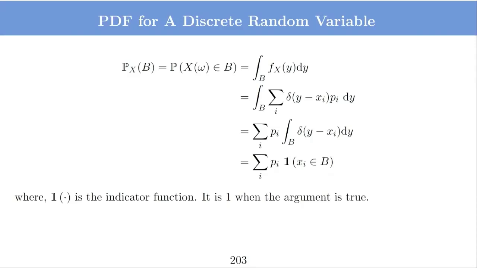So the density fx was defined as the summation over all i's, all possible values x can take, of pi delta(y minus xi) in y. Okay, so I've used a y variable here. It's just a local variable, it doesn't matter whether you use x or y. So now this integration and summation can switch order.